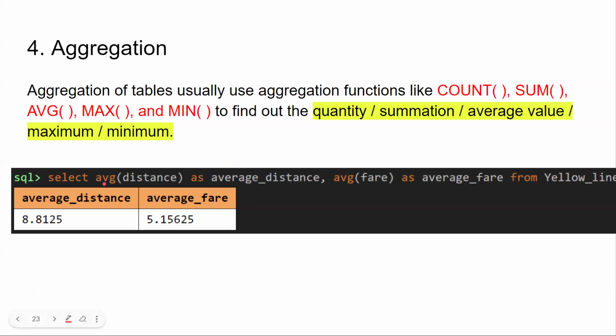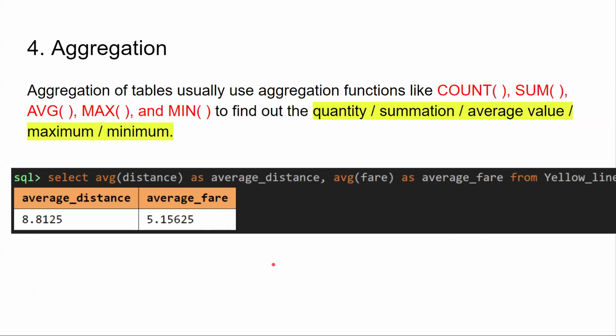So let's see: select average of distance as average distance, select average of fare as average fare, from yellow line. When I calculate that, it's already a table.